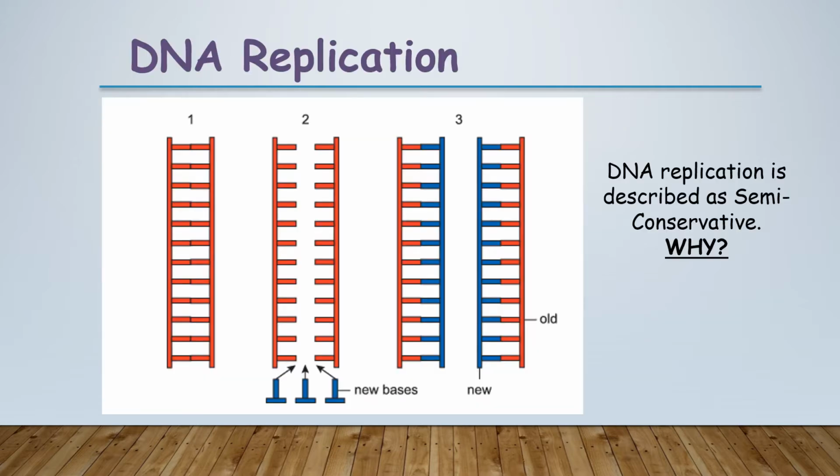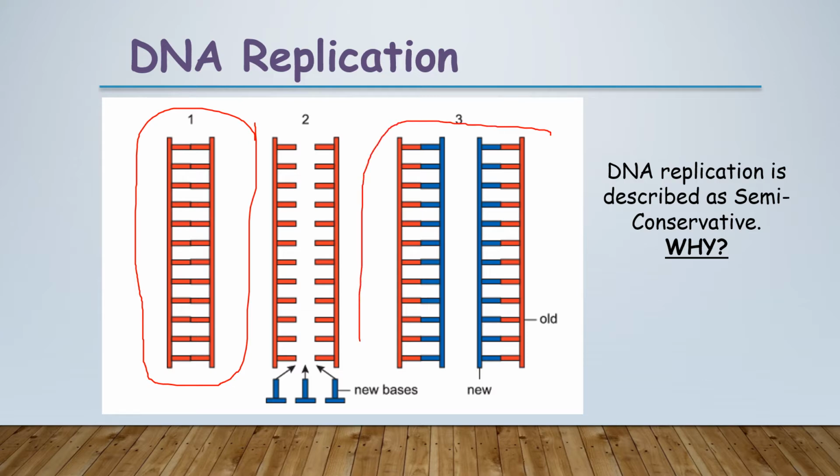DNA replication is often referred to as a semi-conservative process, and hopefully from this image and the 3 steps you can maybe see why. What we start off with is one ladder, like we described in the first video, of red, and actually what we end up with at the end is half a ladder which is red, half a ladder that is blue, and 2 copies of them.